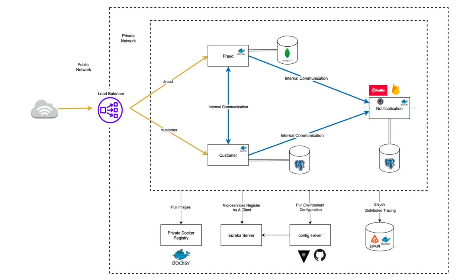Even more, let's say that customer right here is sending lots of traffic and we only have one notification instance. What happens if notification gets too busy? Well, it won't be able to handle the requests coming from customer nor from fraud. It's just going to be too much. You might be wondering, maybe we can add a second instance.